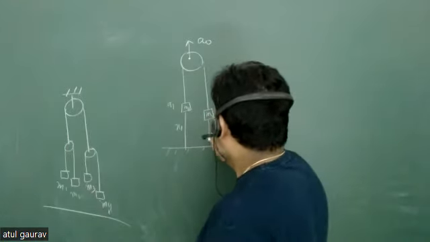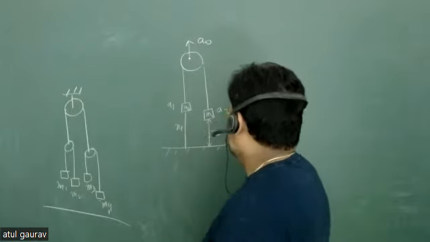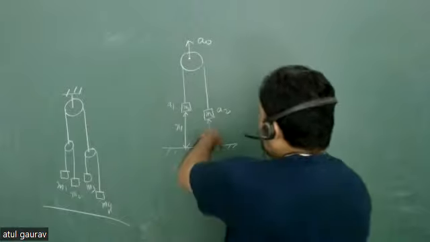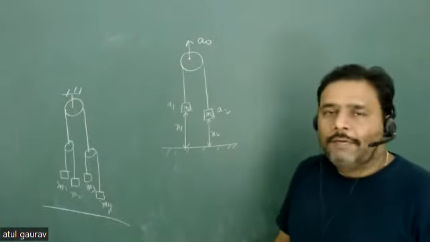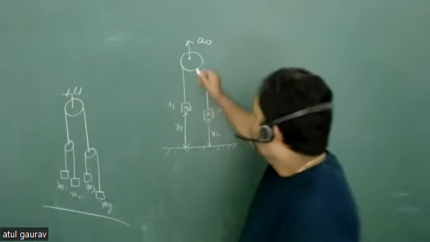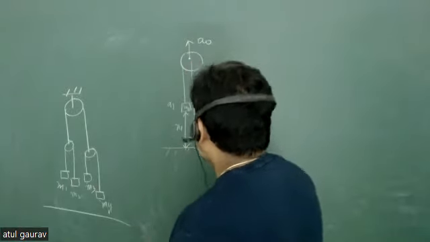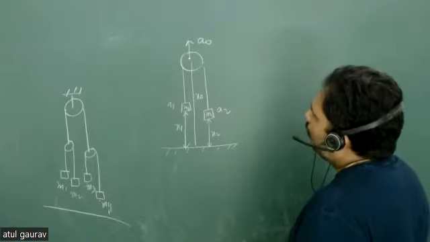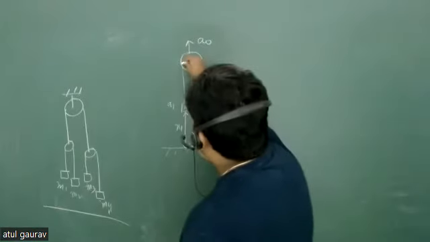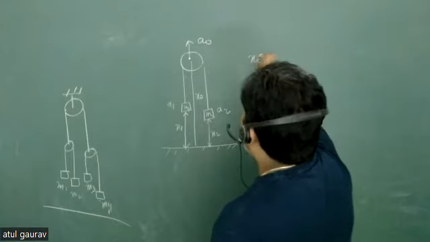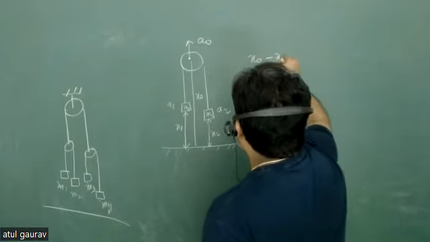And this value is x2. ये value क्या है? x1 and x1. This value is x2. Everyone is comfortable? And let's say this value is x0. And now I can easily say this distance is nothing but x0 minus x1.